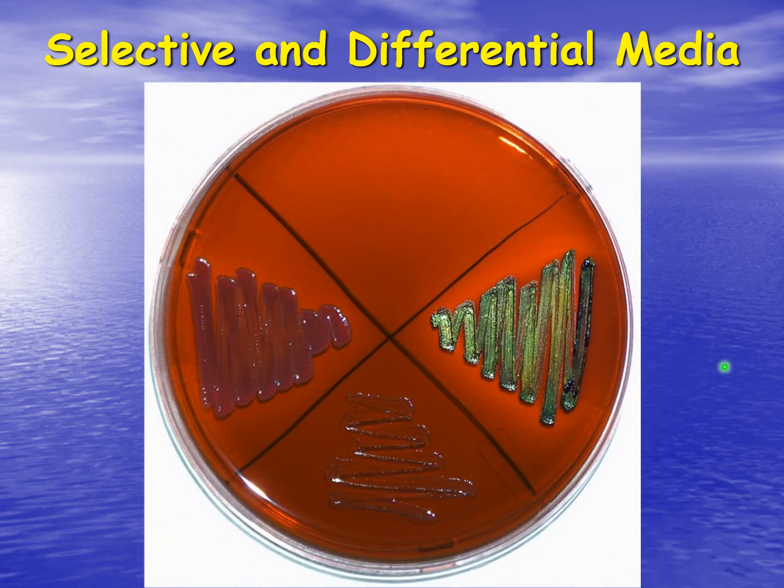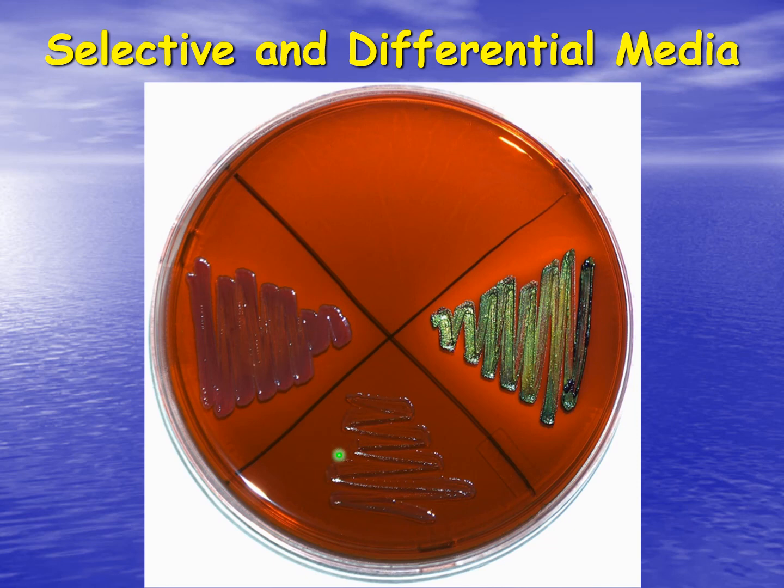So here's a really good example. This is a MacConkey agar. I can tell you right now, this is E. coli that was inoculated. Again, the only time I'll see that emerald green colony is with an E. coli on a MacConkey plate. E. coli is a gram negative. This is also a gram negative.